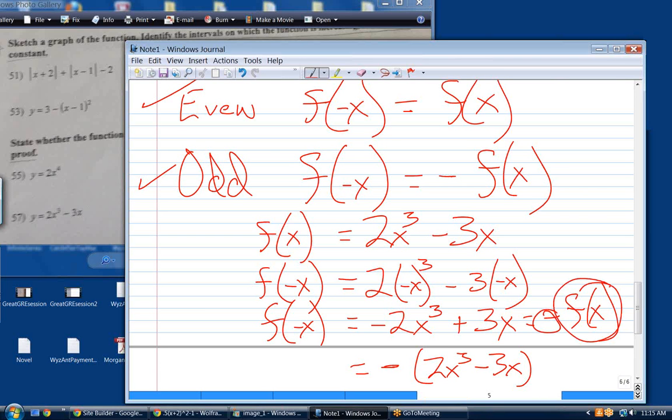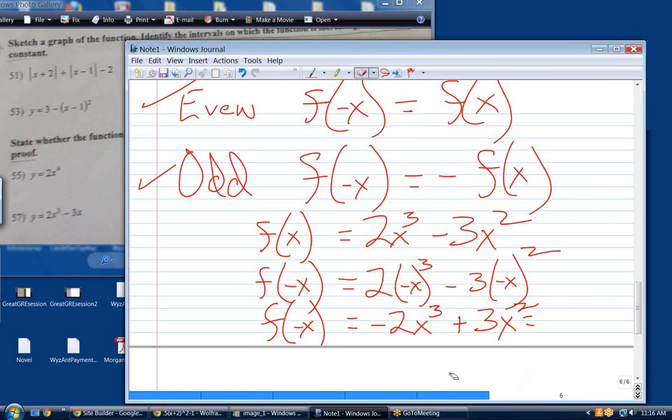Okay. And how do you know when it's neither? When it's not either f of x or negative f of x. Let me give you an example of one that's neither. Same problem, make that x squared. Notice that it changes a lot. Just by making it x squared, this now turns into minus 3x squared. In other words, this minus sign stays there. This minus sign goes away because we're squaring it.